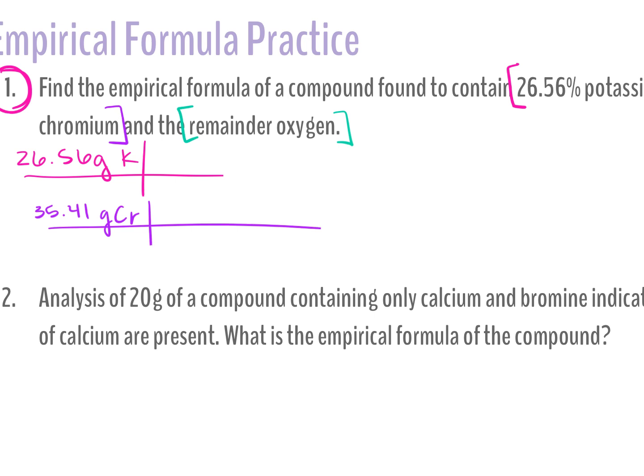And the rest is oxygen. So we're going to take 100% and subtract out 26.56 and 35.41. And so I get somewhere around 38.03 grams of oxygen. Did we feel okay about those? How we do that? Okay.